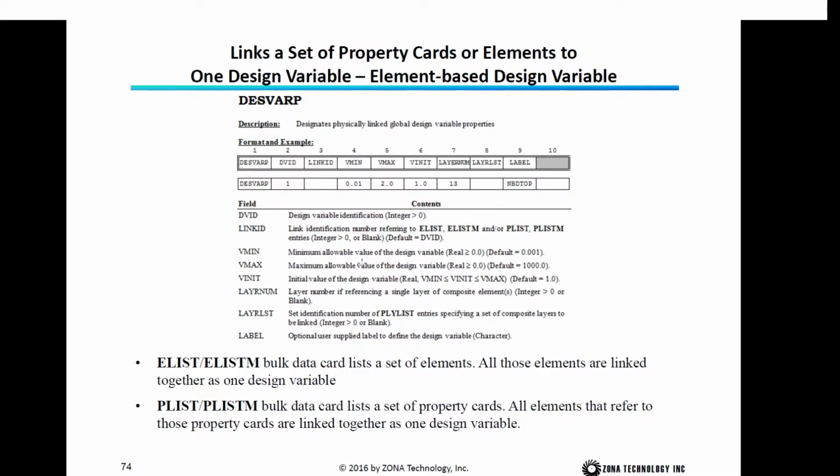Again, VMIN and VMAX are the minimum and maximum allowable values. VINIT is the initial guess, and layer number refers to a single layer of the composite element if the property card is a PCOMP card, or you can refer to a ply list. You can specify a set of composite layers to be linked. We will give you an example later.